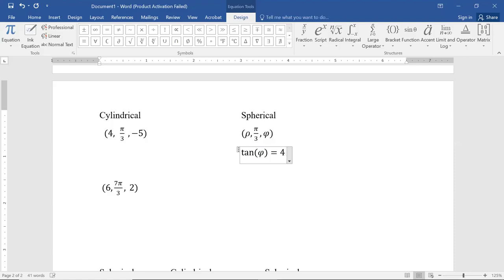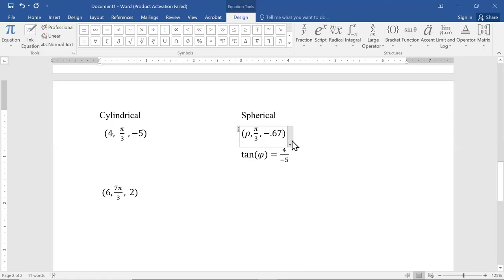That is 4 over negative 5. So if I do the inverse tangent of 4 divided by negative 5, I get a negative 0.67 for my phi, roughly.